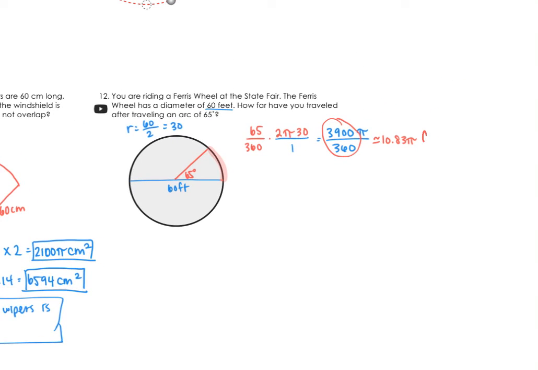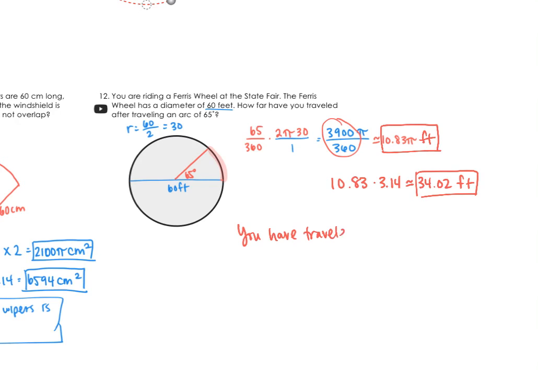And my units are feet. To get my approximate 10.83 times 3.14, you get 34.02 feet. So you have traveled 34.02 feet after traveling an arc of 65 degrees.